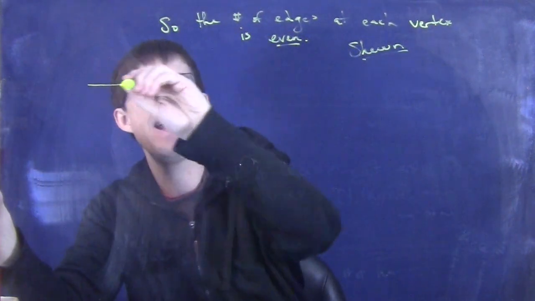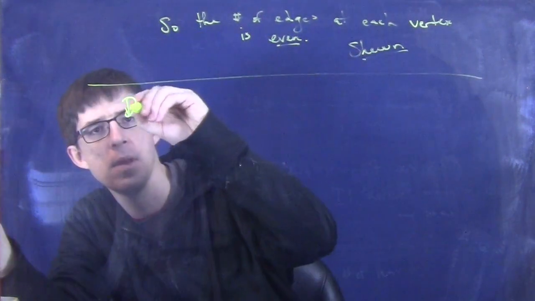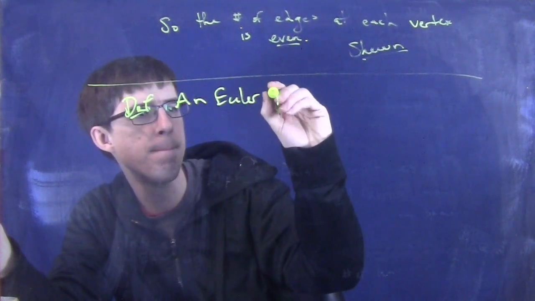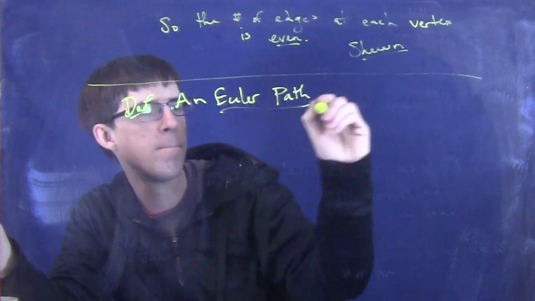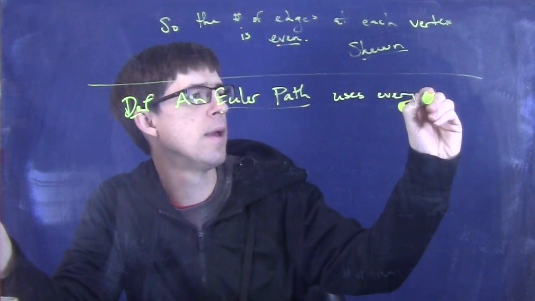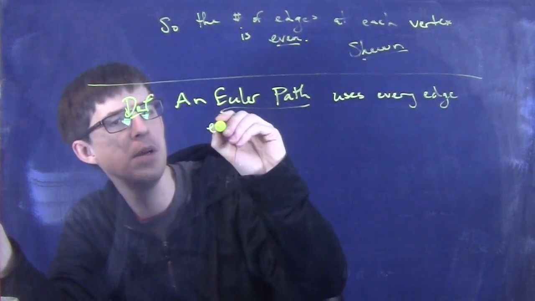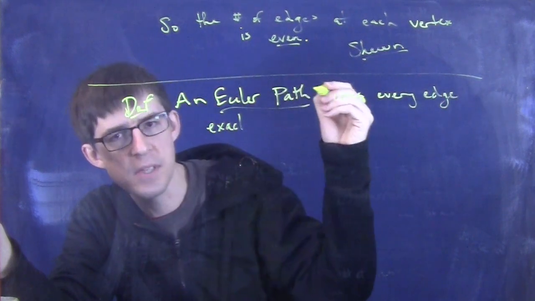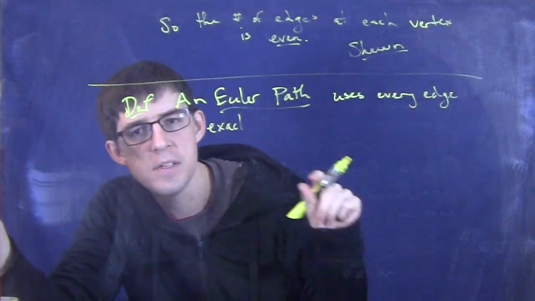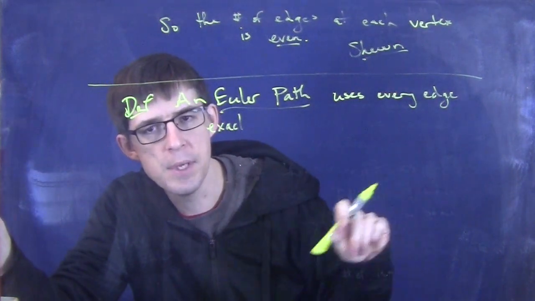So an Euler path, here's another definition. An Euler path uses every edge exactly once. It's like an Euler circuit, but it's not a circuit. It hits every edge once, but it doesn't end and begin at the same point.